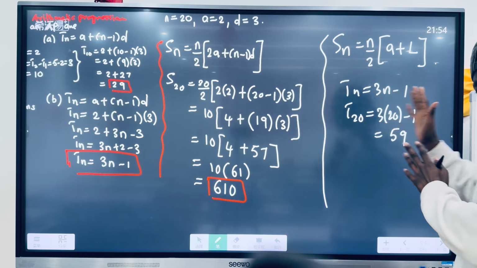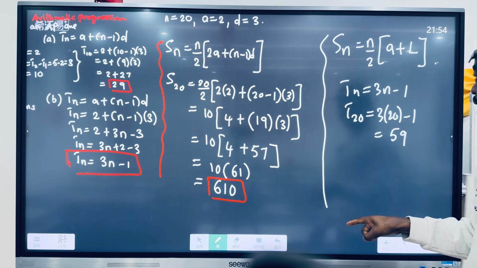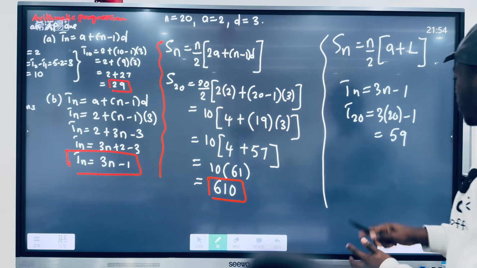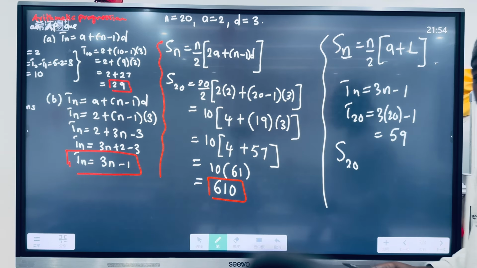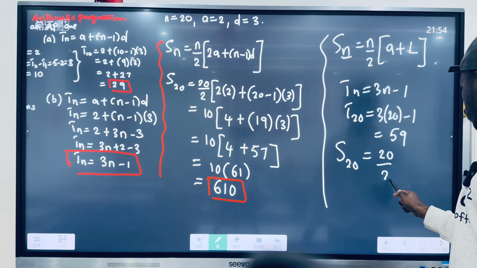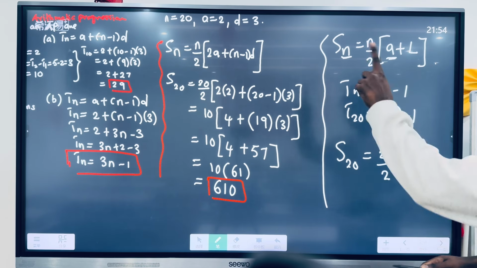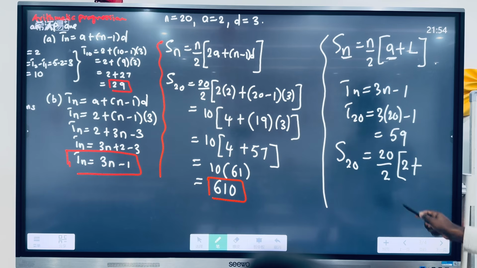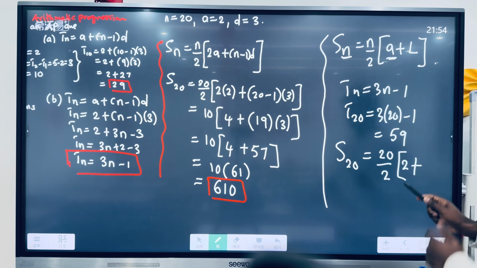It means that the last term when we are adding this is 59. Then we can apply this. The sum of the first 20 terms is equal to n, 20, over 2. First term, a, 2. Remember our first term is 2. Plus the last term, we are ending up at 59. That's the last term.